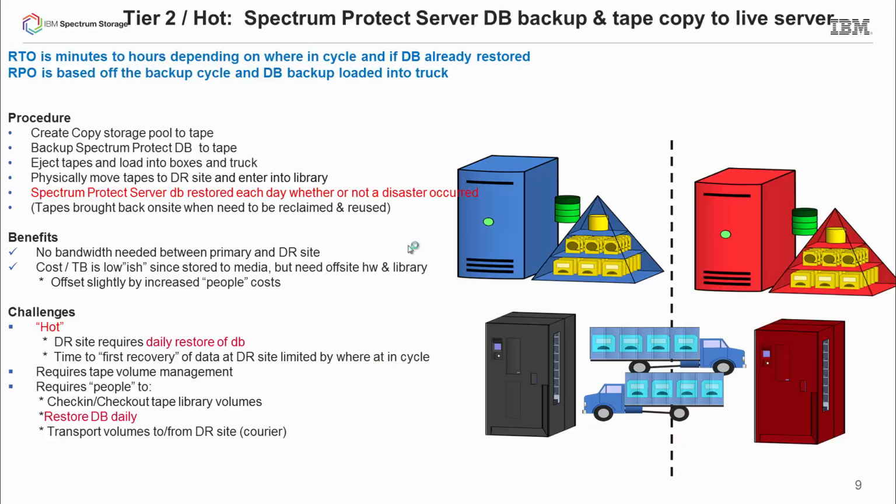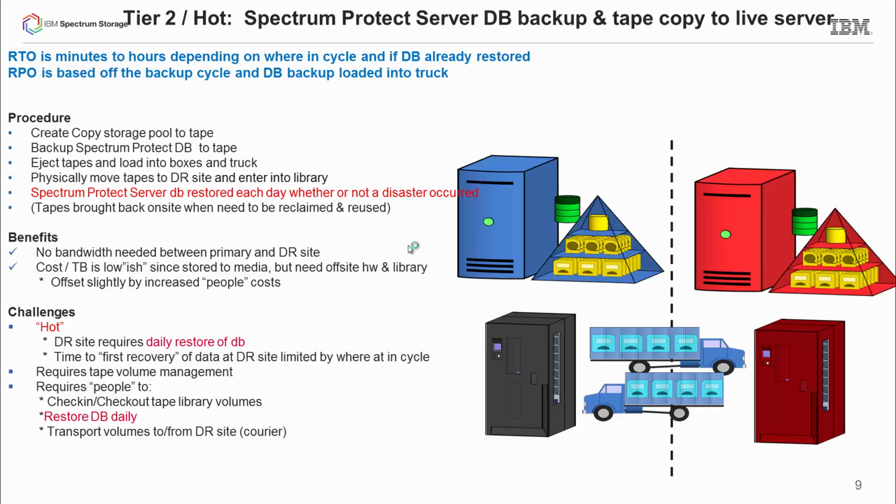This is another take on that same scenario, but in this case, we do the storage pool copy out to tape, we do the database backup out to tape, but when that tape reaches the DR site, we actually do a restore of the Spectrum Protect database regardless of if a disaster has occurred or not. Each day, we're restoring the Spectrum Protect database and priming the DR Spectrum Protect server to be ready in case there's a disaster.